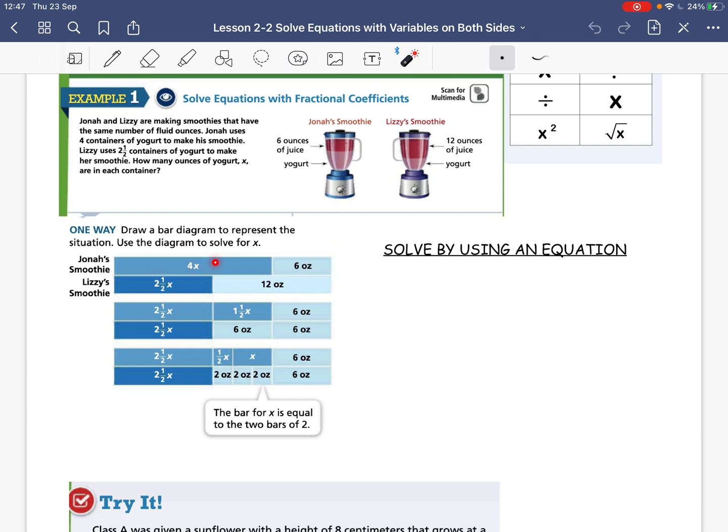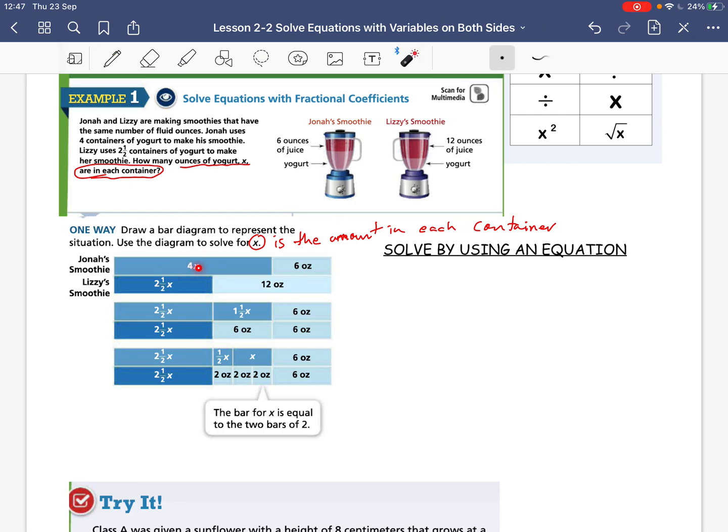Jonah's smoothie, 4x. 4 is the number of containers, and X is the amount in each container. How many ounces of yogurt X are in each container? So we don't know that. That is our variable.